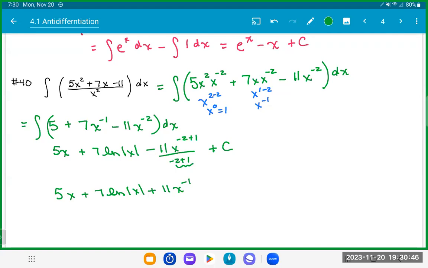And then up at the numerator, x to the negative 2 plus 1 gives us x to the negative 1. Plus our c out here. And the last thing we can do is rewrite that third term so it doesn't have a negative exponent. So we have 5x plus 7 ln absolute value of x plus 11 over x plus c.